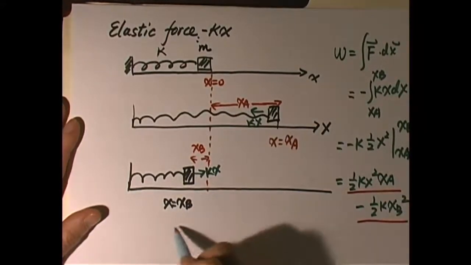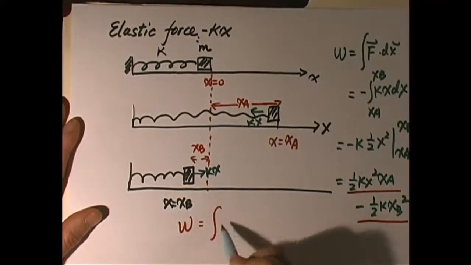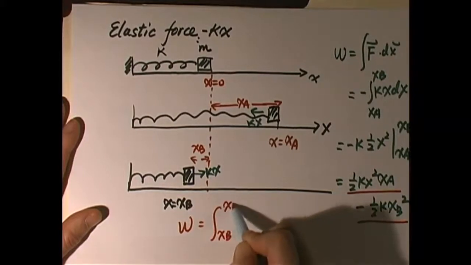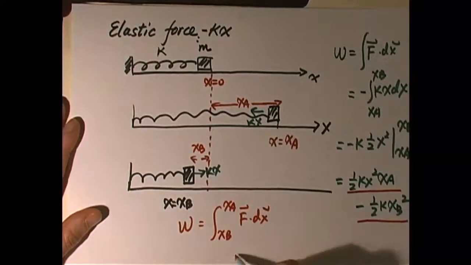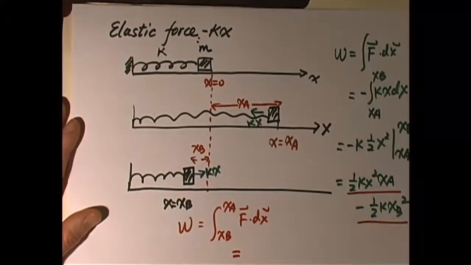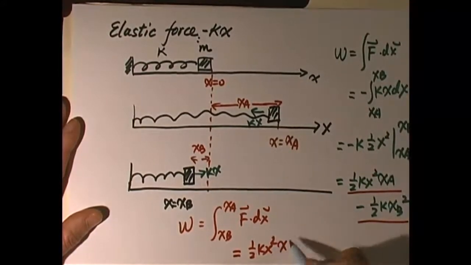We can simply ask, what is the work done by the elastic force from xb to xa? Isn't that true? We just switch a and b, because before, you see, a is here, b is there. Now b is here, a is there. So the result is 1/2 kx squared. When you see a, you replace it by b, minus 1/2 k.